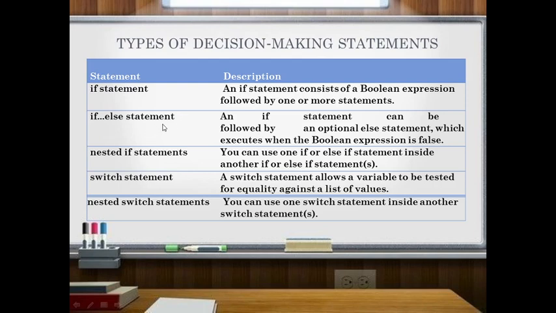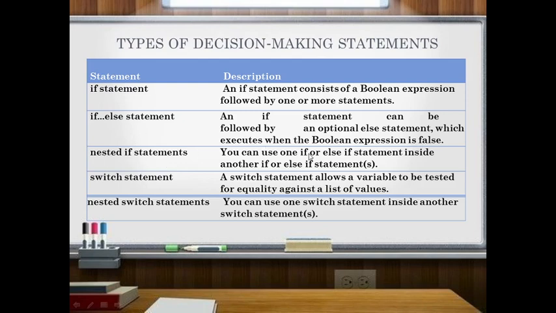The if else statement performs on both true and false. An if statement can be followed by an optional else statement, which executes when the boolean expression is false. When we consider both true and false statements, it is called an if else statement.